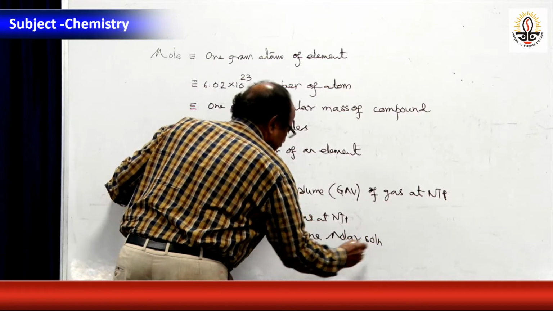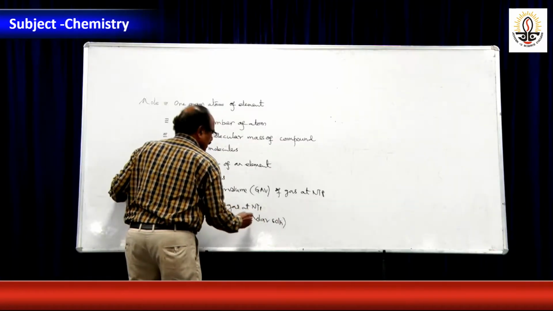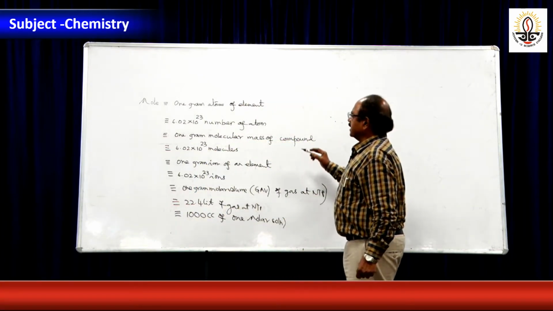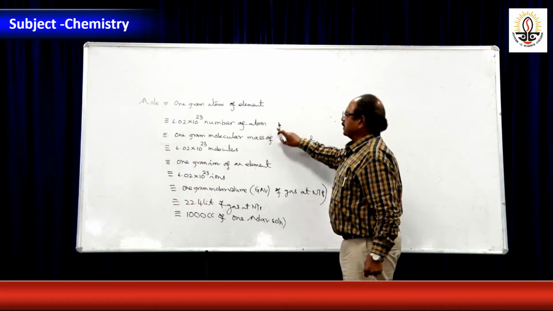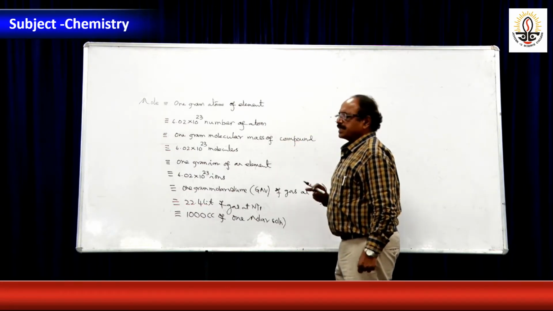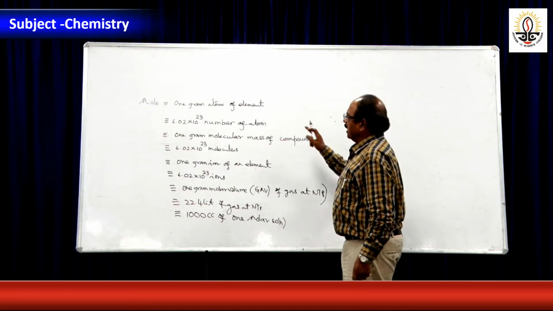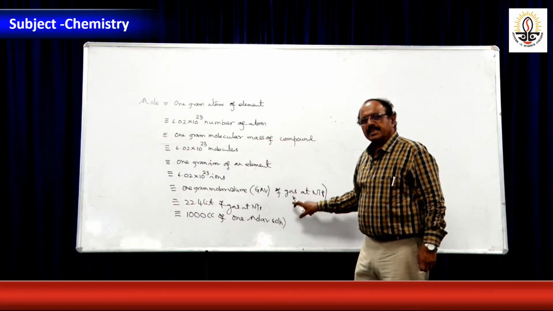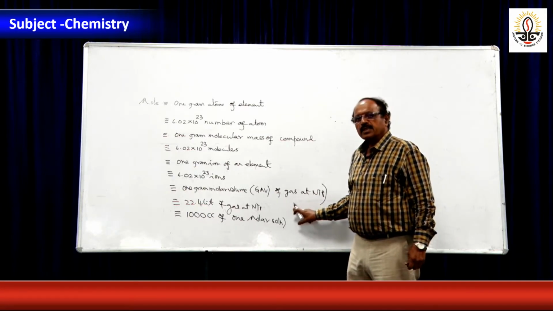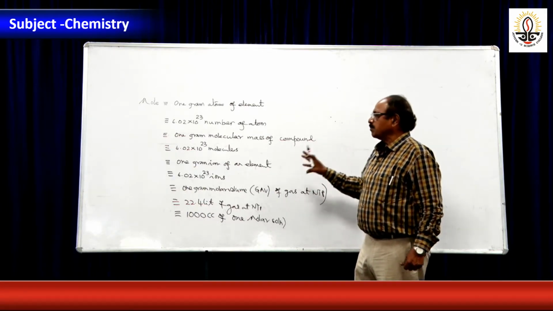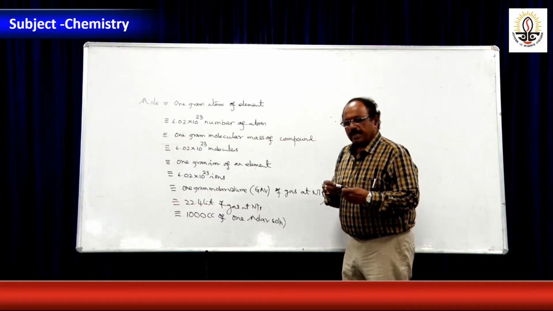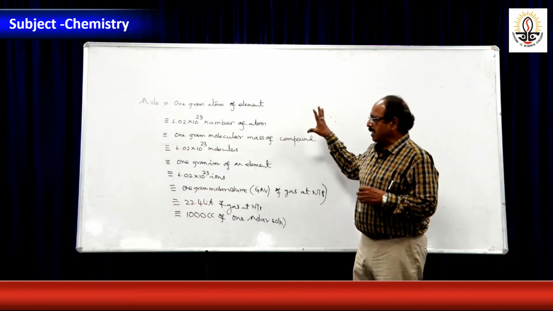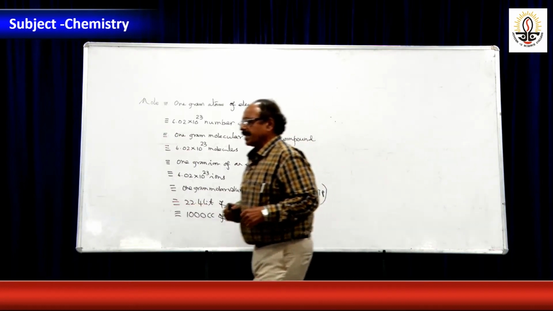So, mole is expressing the volume, it is expressing the number, expressing the mass, it is also expressing the concentration, hence mole is a chemical unit. And this is a question that comes for a +2 student, what is a mole? Is mole a chemical unit? This is what I have taught you in my last class.